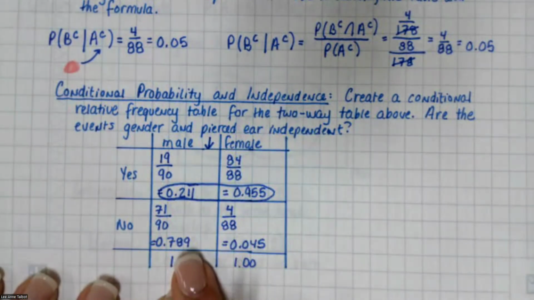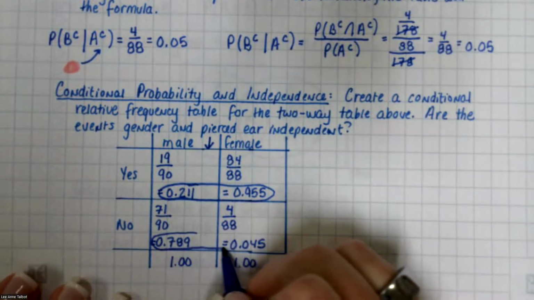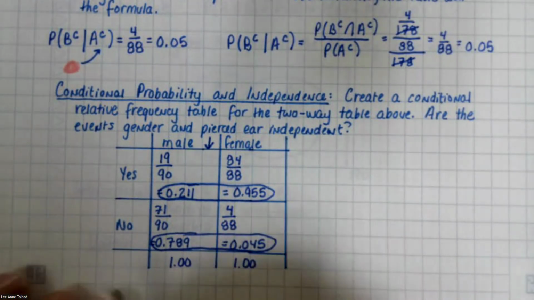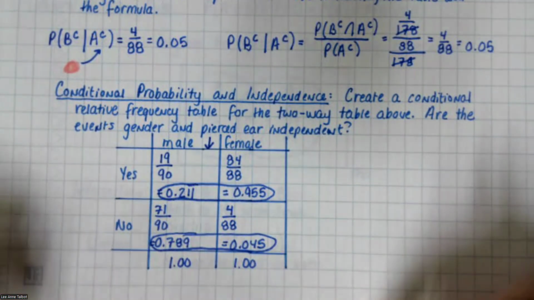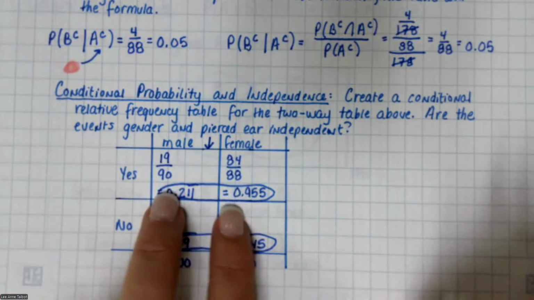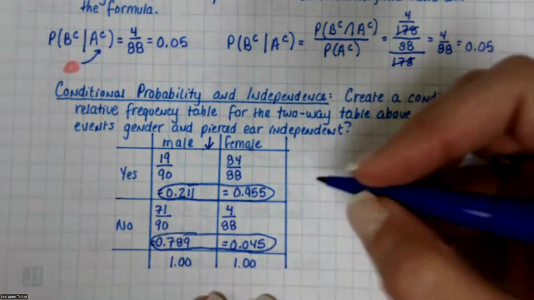So if I divide down, I compare across. I really just need to compare these, but you can compare all of them. What you're trying to do is see if these are exactly the same. If they are exactly the same, then they are independent. These are wildly different, so they are not independent.